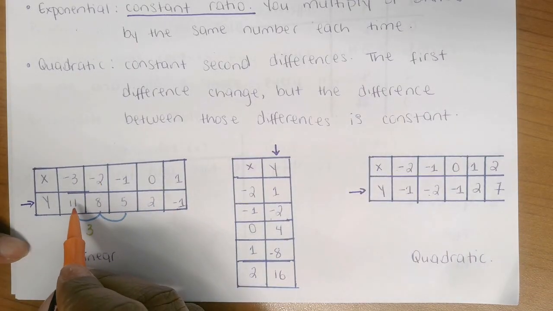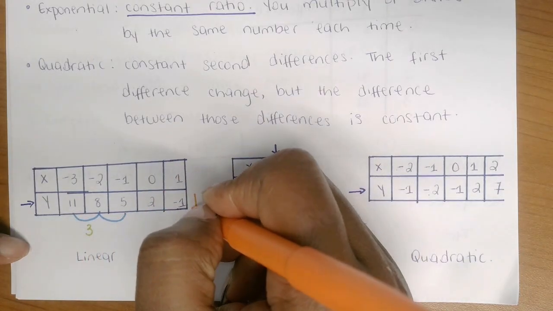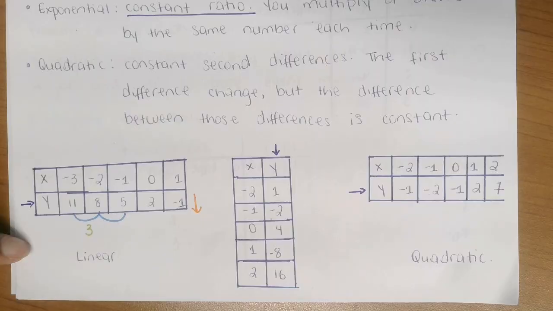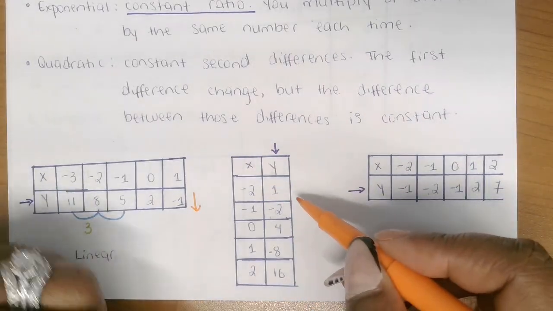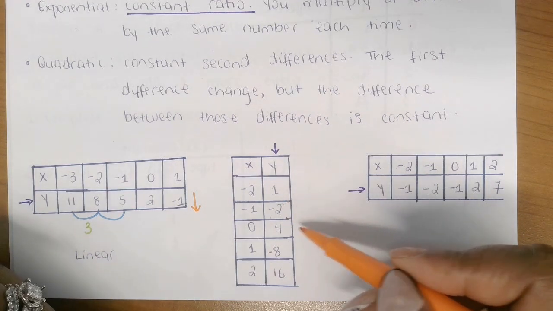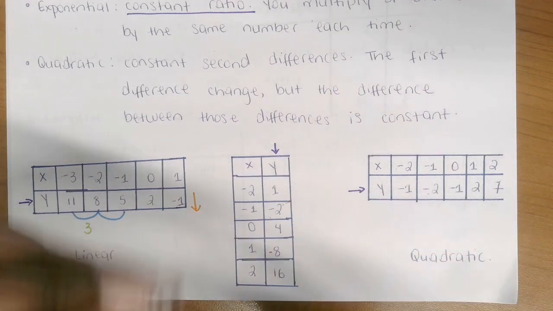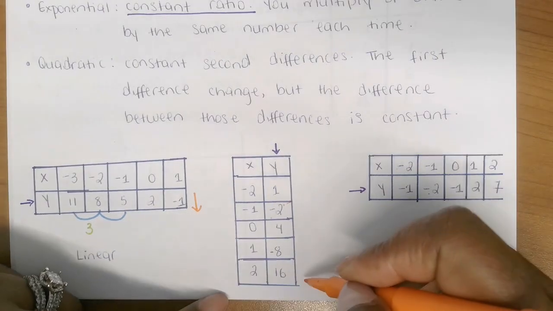So here we realize that we start with a positive, then we move down to a negative, which would mean that this is decreasing. On this table, we realize that it started with a positive, then it went to a negative, positive, negative, positive. It's somewhat fluctuating, but we can see a pattern that it is increasing.